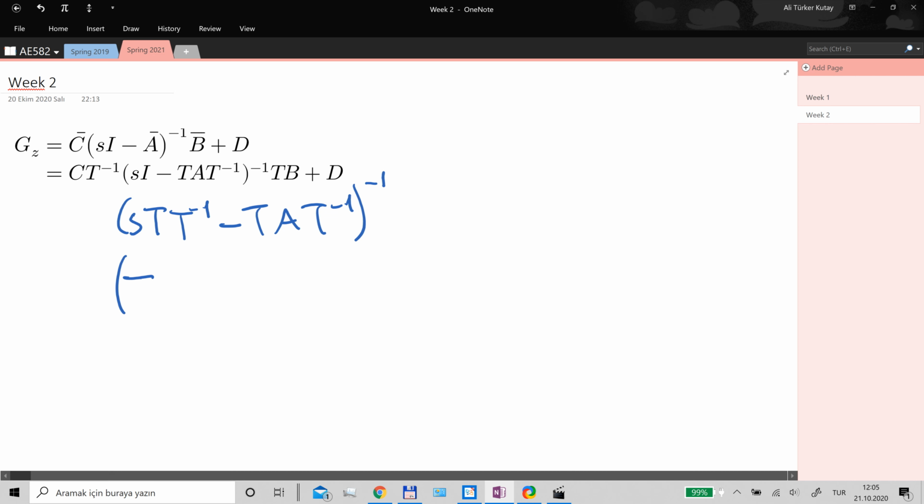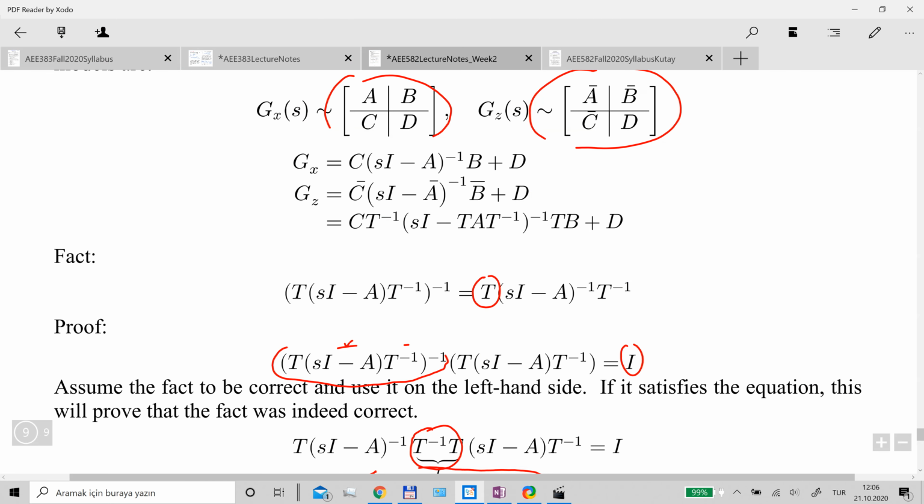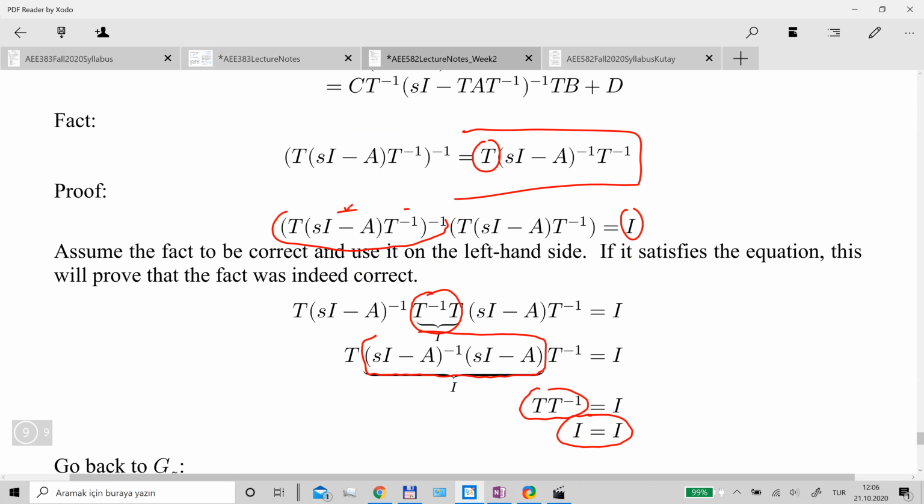So that will give me T times (sI minus A), and on the right I will have T inverse, now the inverse of everything. Okay, now this is what I have in the fact. So now I can replace that term with this one, and then the proof follows from there.